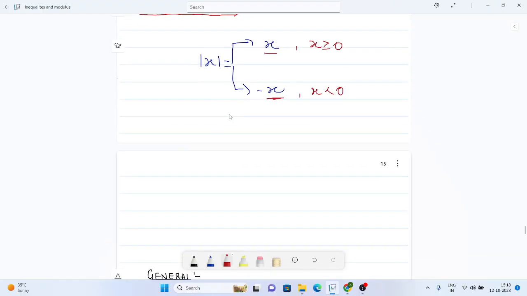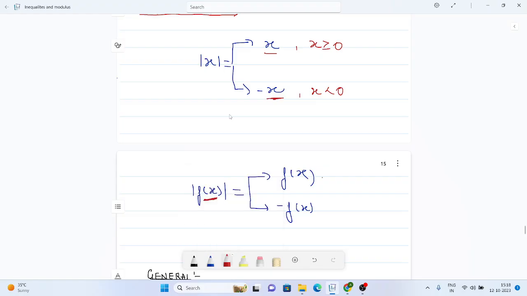But if you are given mod of fx, meaning instead of x any function fx is given, similarly you do the same thing. You write fx or minus fx, meaning whatever is written inside, you write it positive or negative.